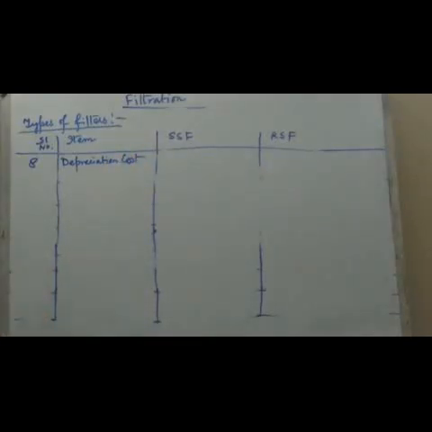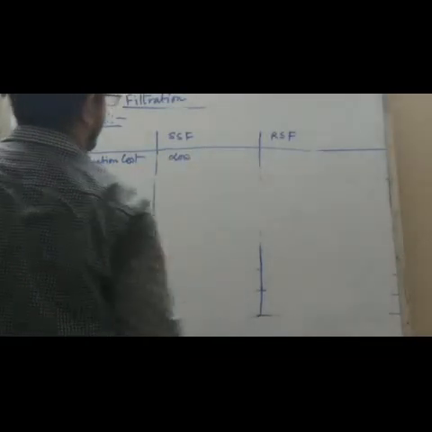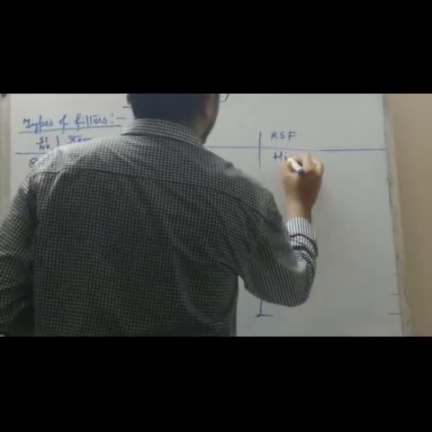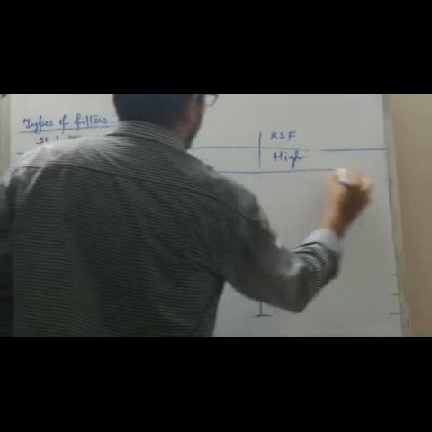And for slow sand filter, the depreciation cost is relatively low. And for rapid sand filter, the depreciation cost is relatively high.